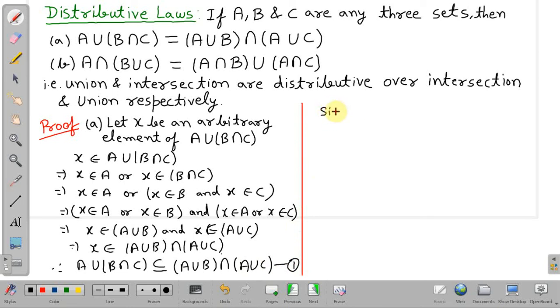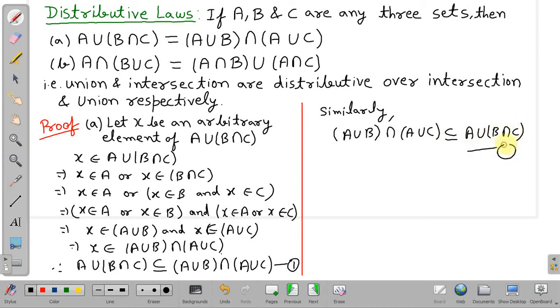Similarly, we can prove that (A union B) intersection (A union C) is a subset of A union (B intersection C). Okay, and this is our equation 2.